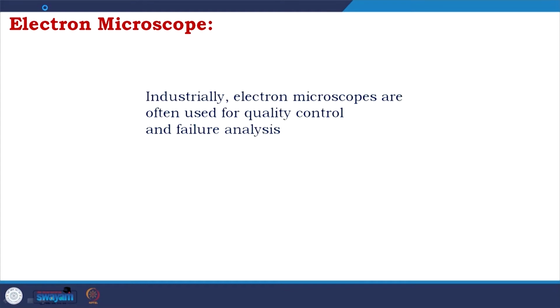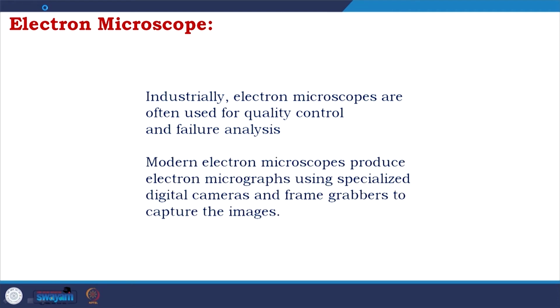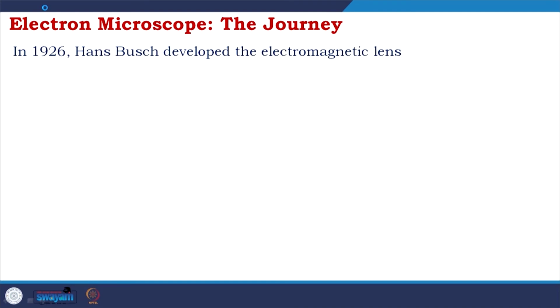Industrially, electron microscopes are often used for quality control and failure analysis. Modern electron microscopes produce electron micrographs using specialized digital cameras and frame grabbers to capture the images, making them much more sensitive. So, what is the history of the electron microscope?